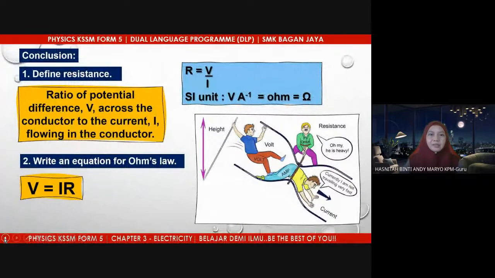So this is the first learning standard, to understand what is an ohmic conductor, what is a non-ohmic conductor, and what is meant by Ohm's law. Ohm's law states that potential difference is directly proportional to the current flowing in the conductor, provided that the temperature and any other physical conditions are kept constant.